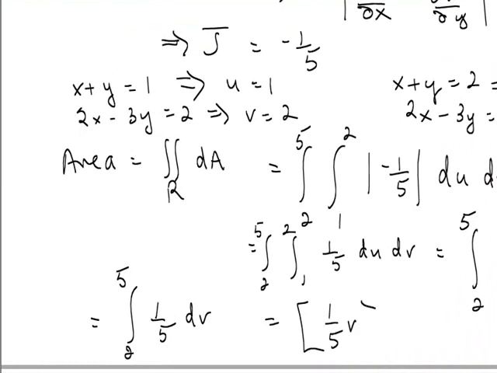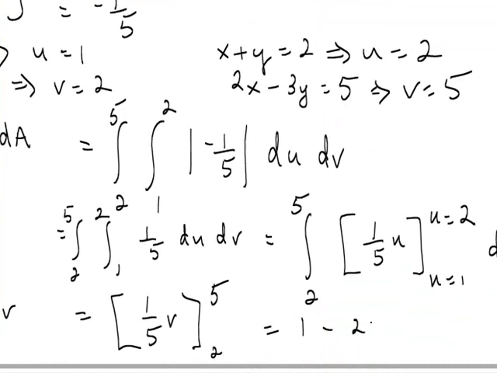Integrate: 1/5 v from 2 to 5, 1 minus 2/5, which is 3/5. So that was the area of the parallelogram.